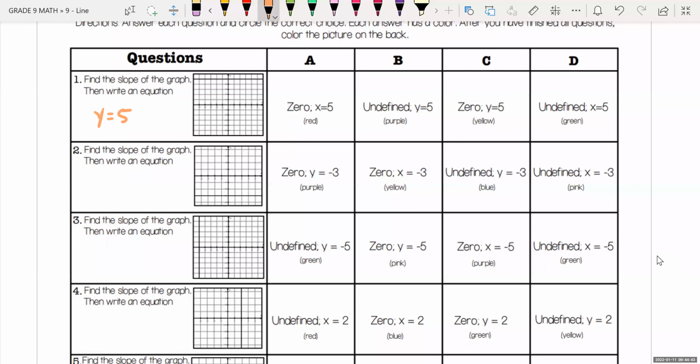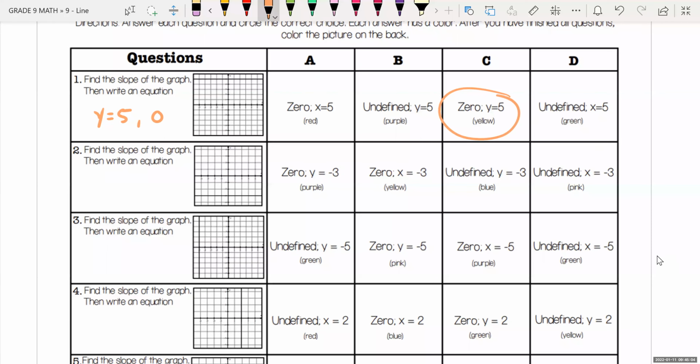And if it is a horizontal line going through y, I know that the slope is going to be 0, right? Horizontal line, 0 slope, y is equal to 5. So which one of those does this match? It matches this one over here, y is equal to 5, 0.